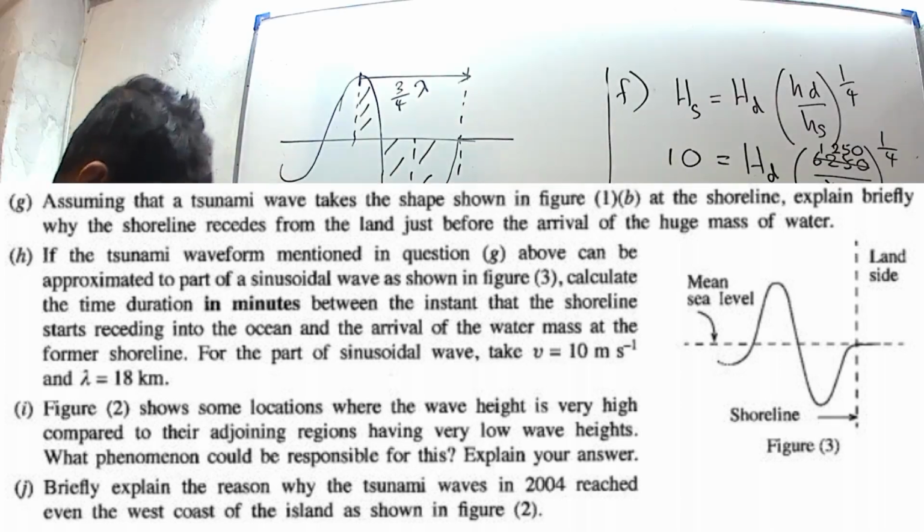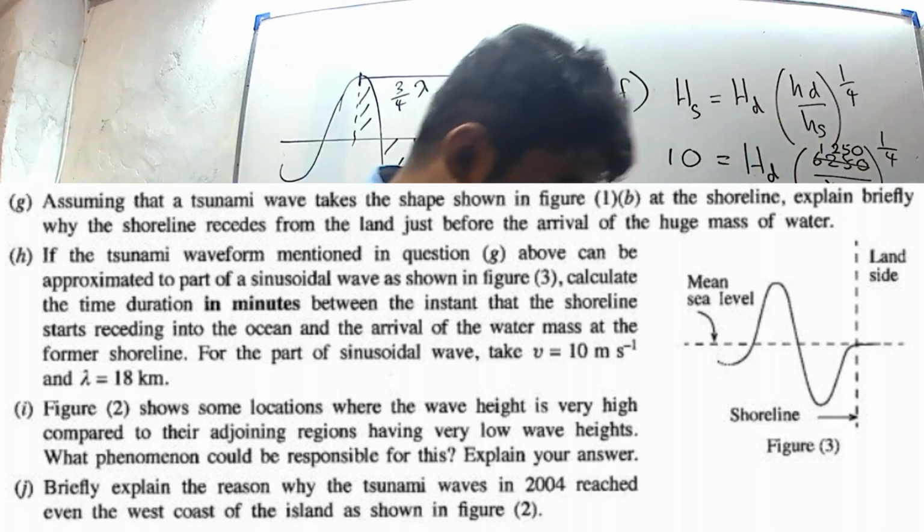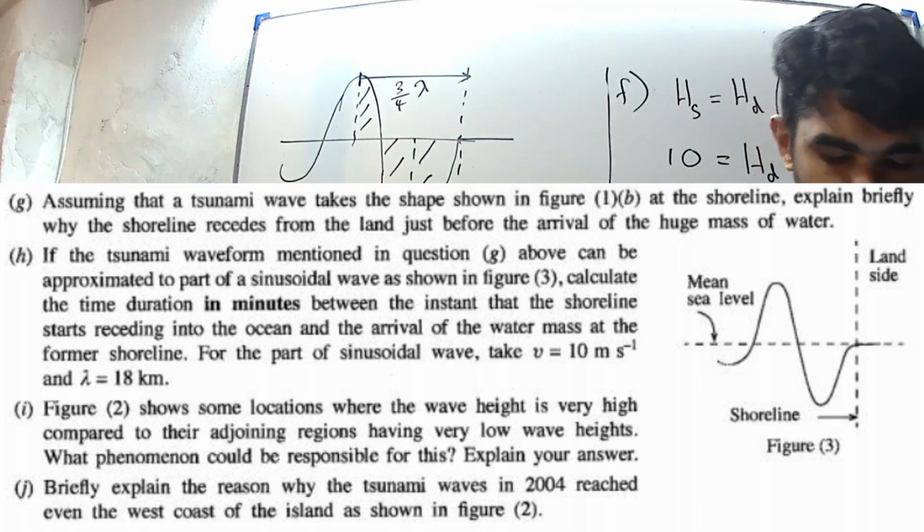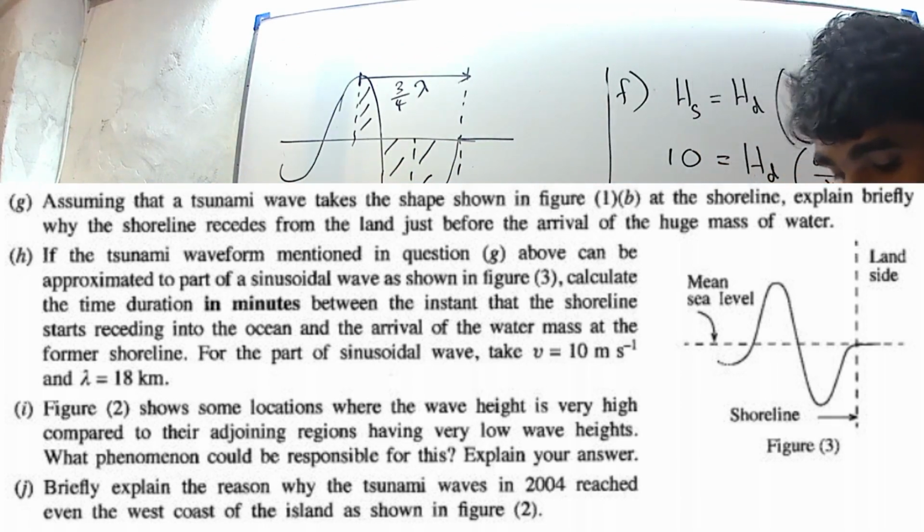Part I. Figure 2 shows some locations where the wave height is very high compared to their adjoining regions, having a very low wavelength. What phenomenon could be responsible for this? Explain your answer.